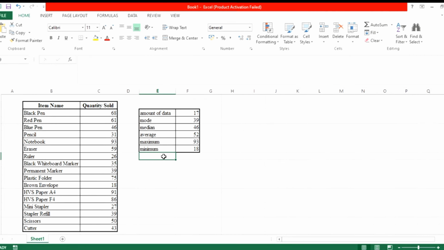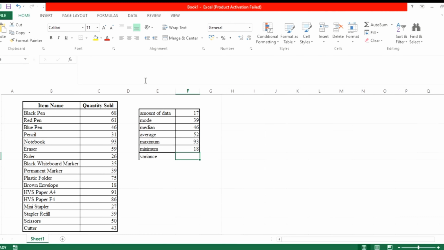And the next formula is variance. Variance is to look for the average value of the dataset, like how far the data in the dataset is spread from its average value.